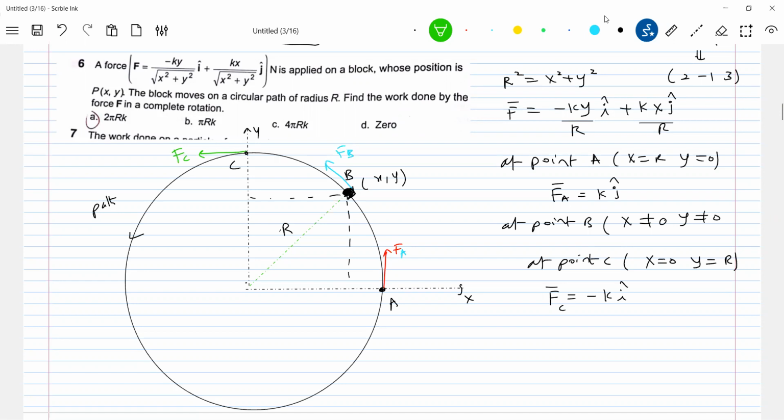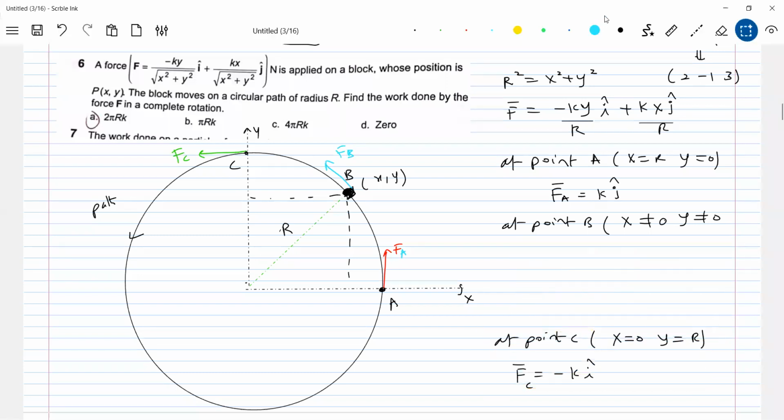What is the magnitude of force at B? Anybody? At B, the force is the given equation only, no?